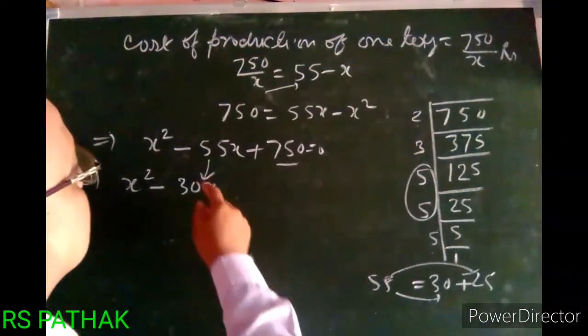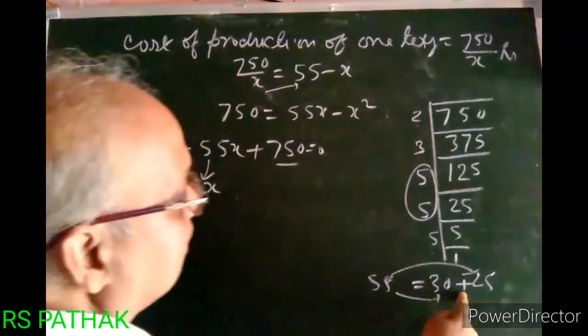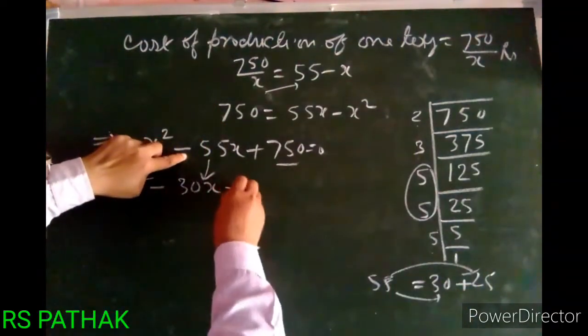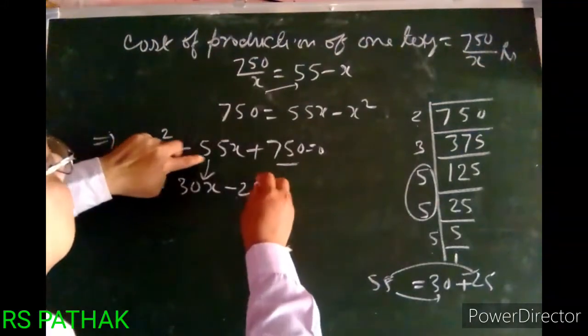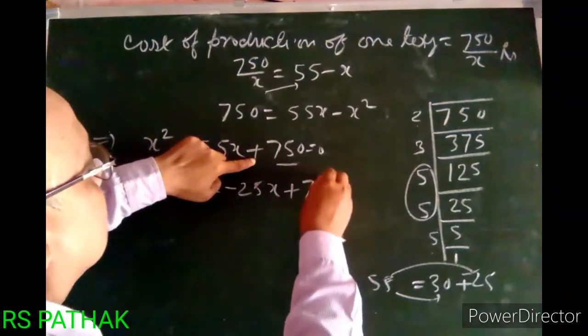Again, due to the minus sign, this plus will change to minus 25 along with x, and plus 750 equals 0.